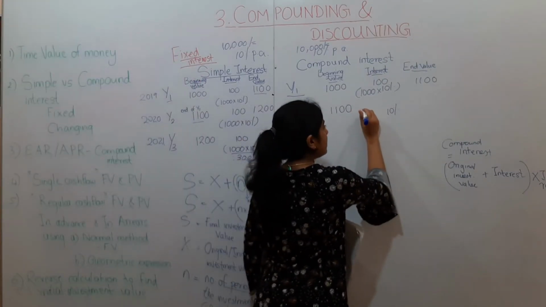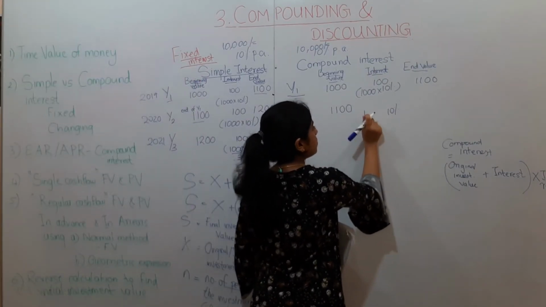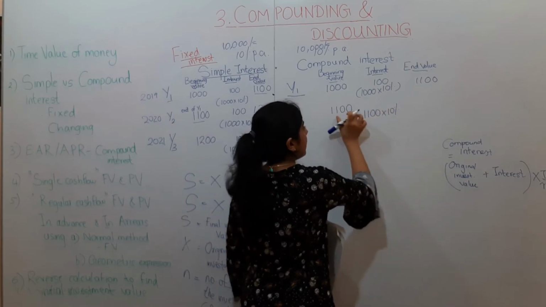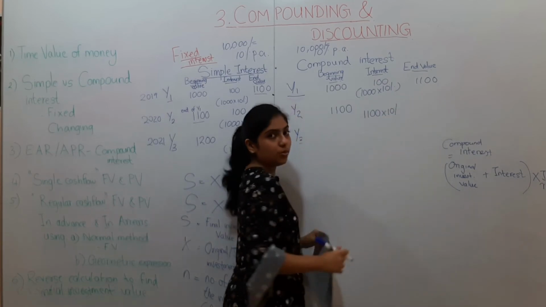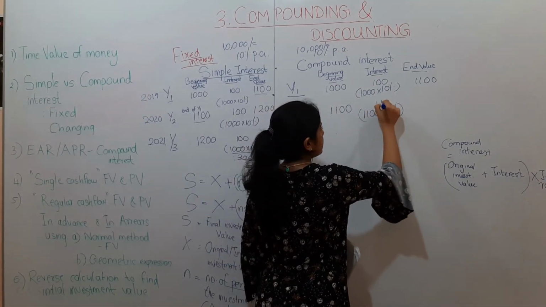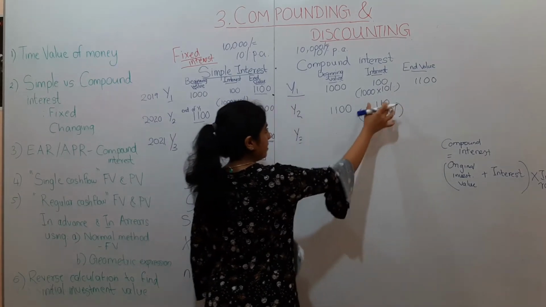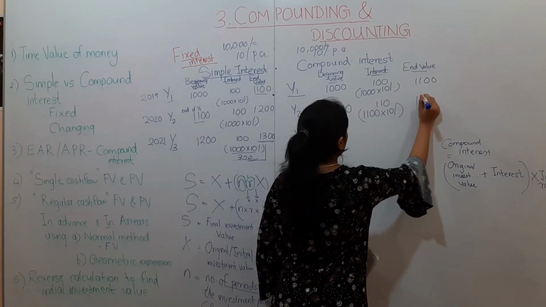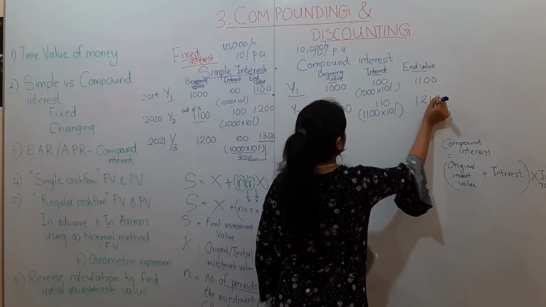But the investment value we are going to use to multiply is 1100, the ending value of year 1. So 1100 multiplied by 10% will give you 110 rupees, and the new ending value will be 1210.